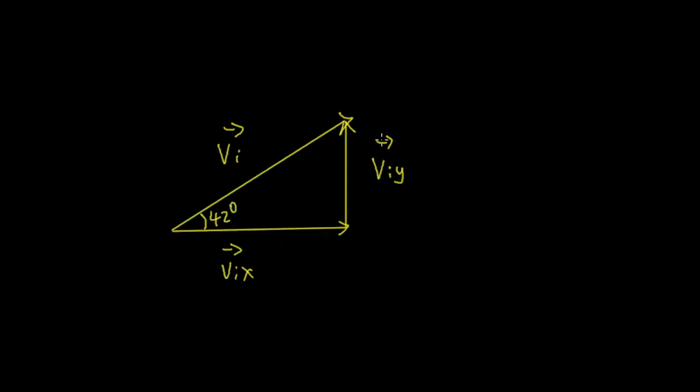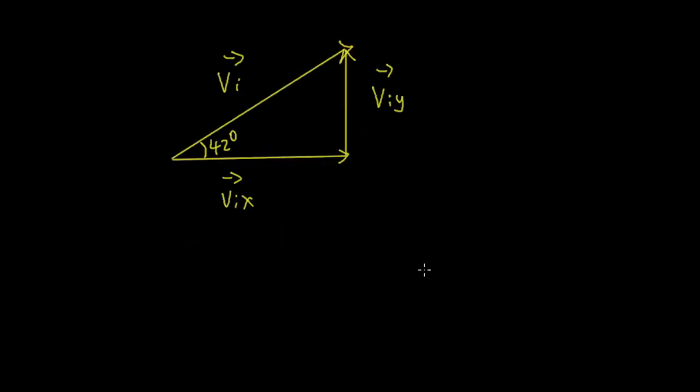How do we calculate v initial y? According to trigonometry, it is v initial times sine 42 degrees. So v initial y is v initial sine 42 degrees. Now, do we know what v initial is?